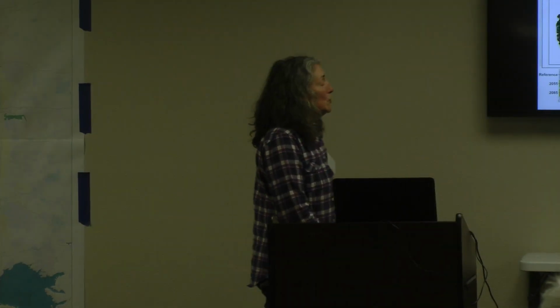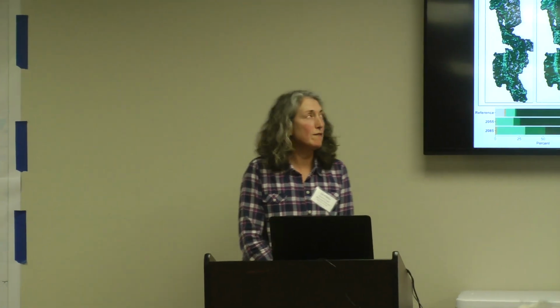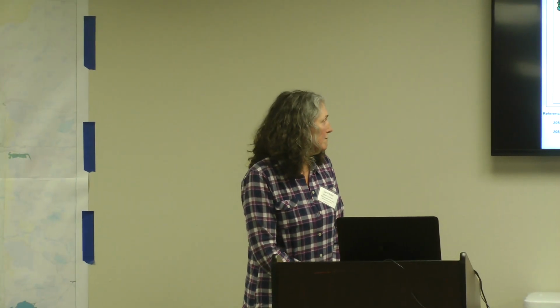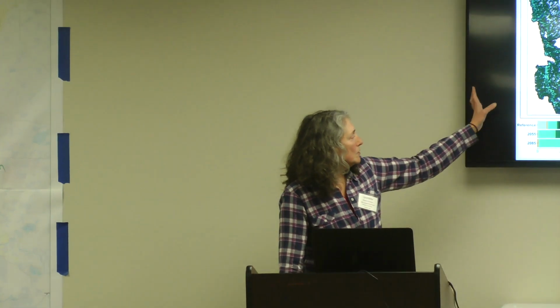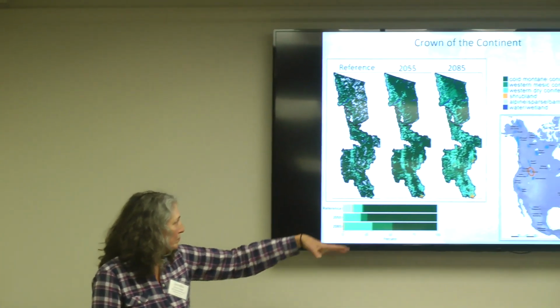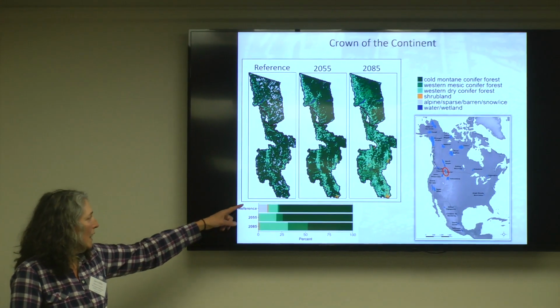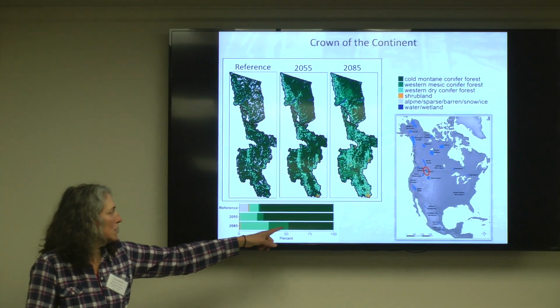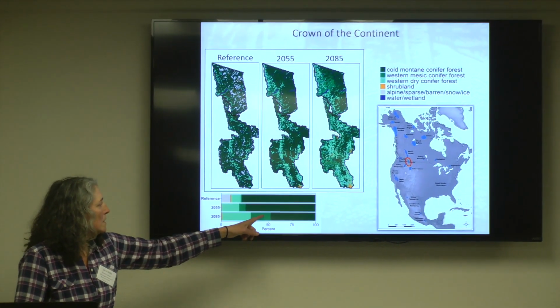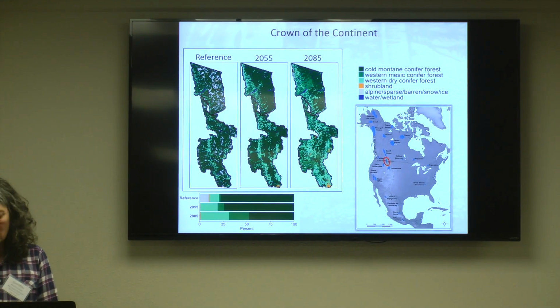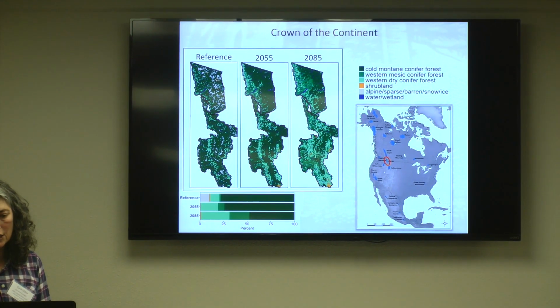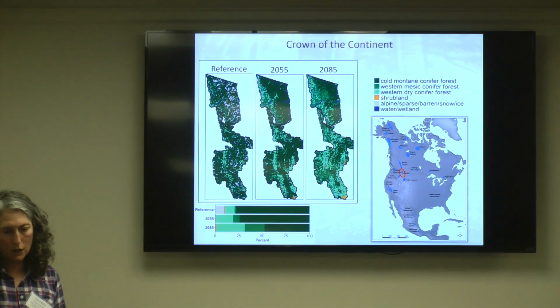And then if we use those climate projections to 2055 and 2085, mid-century and late century, you can see that there's less dark green over there on the right, and you can see that represented in these bar charts here. So there's a vegetation shift that is projected.